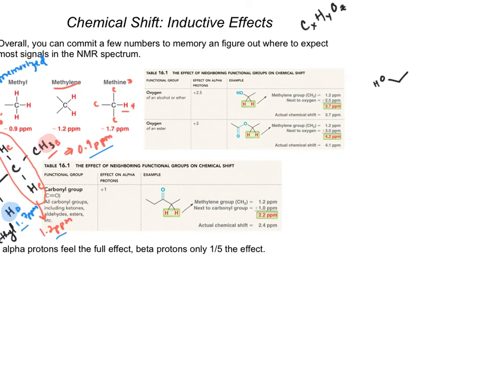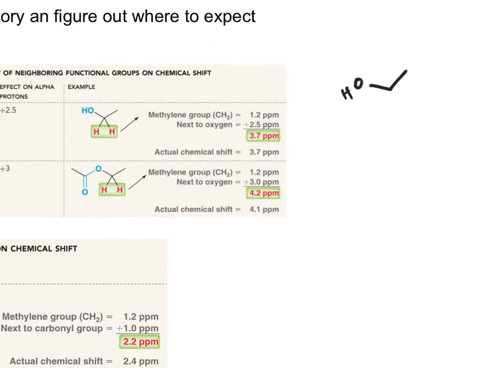So for example, let's say that we had a molecule that looked like this, okay? And again, we were trying to predict where these protons in this molecule, so this guy, and then we have 3 out here on the end. We're going to ignore this hydrogen for now. We want to predict where these protons are going to have signals in the NMR spectrum based off of the values that we just memorized, and also based off the fact that this is right next to the oxygen of an alcohol, okay?